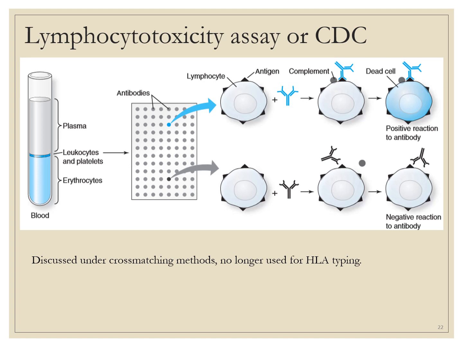So if you had an anti-B15 in one well, and then you added the lymphocytes, and they were killed, then you have a positive reaction, and you're assuming that patient is B15 positive.